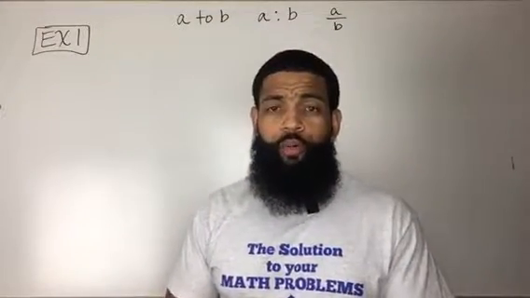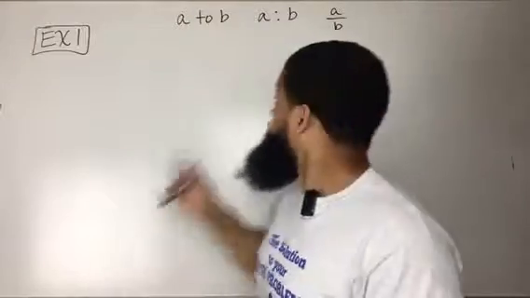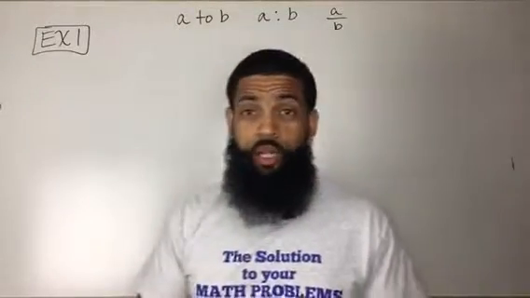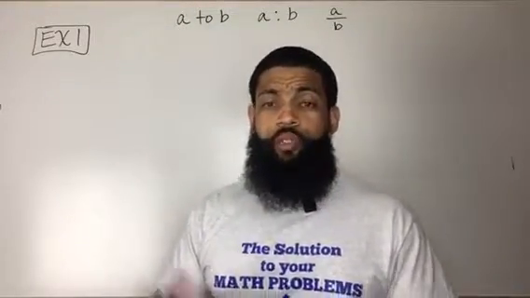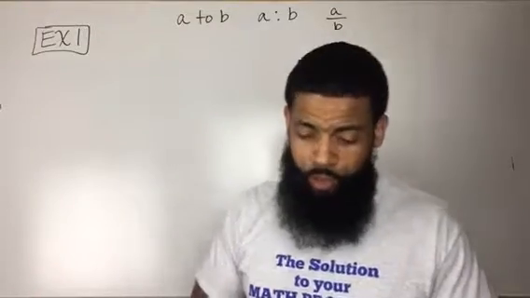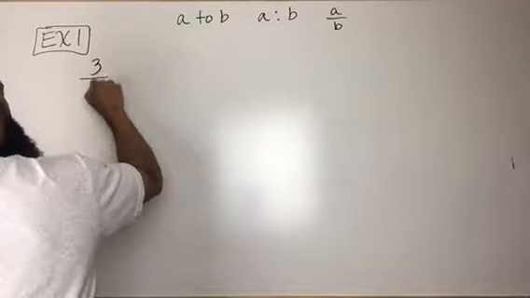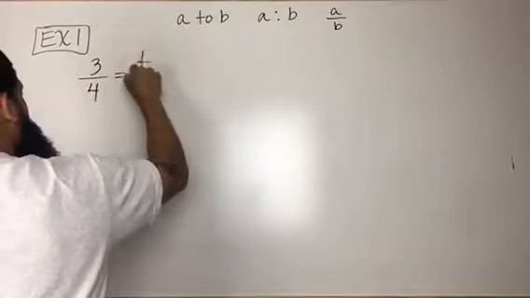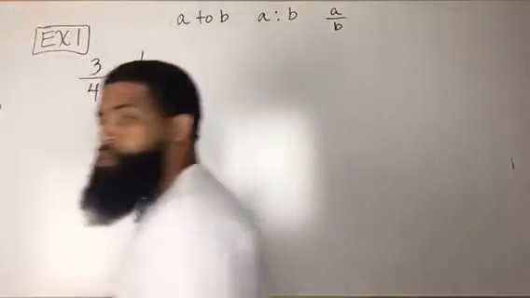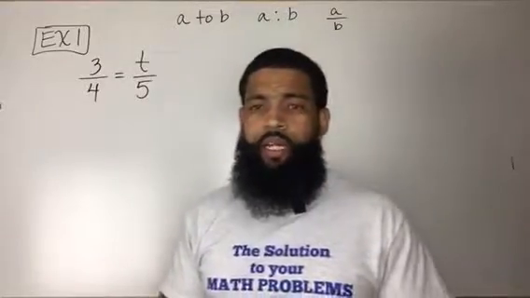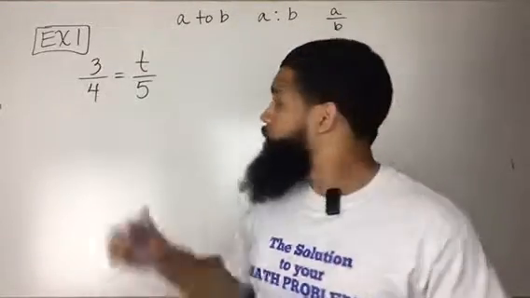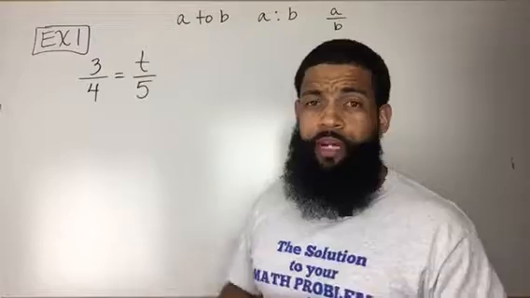But those are the three ways that we write a ratio. Now, when we're talking about a proportion, we're actually going to use the fraction version of writing a ratio. And all it is, we're going to set two ratios equal to each other. So the first example is I have 3/4 is equal to T over 5. Now ultimately we have to get this T by itself.